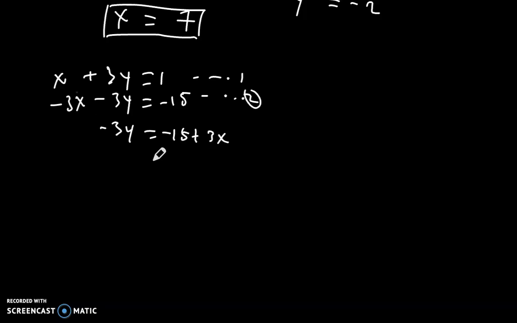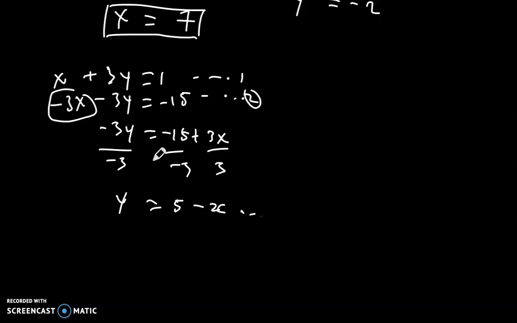Take this 3x to the other side, then divide by negative 3 on both sides. So our y is going to be 5 minus x.